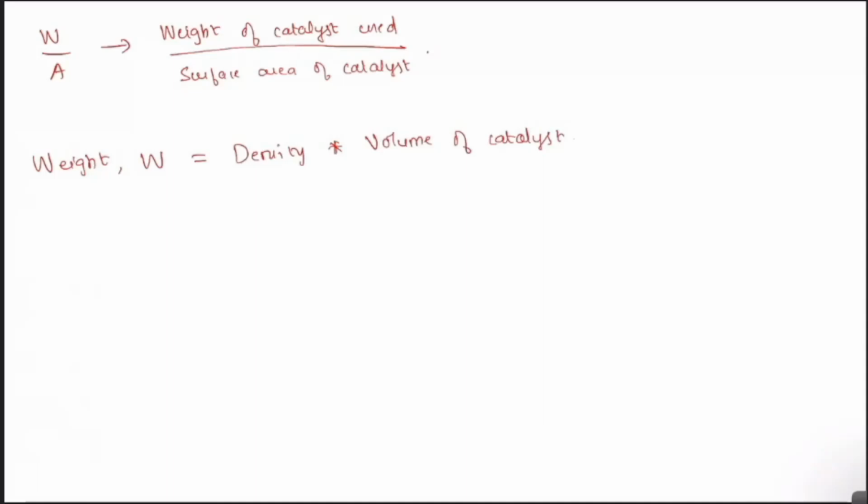So here they have given that the density of the catalyst is 8910 kilogram per meter cube. And the catalyst is a hollow cylinder and the dimensions are also given.